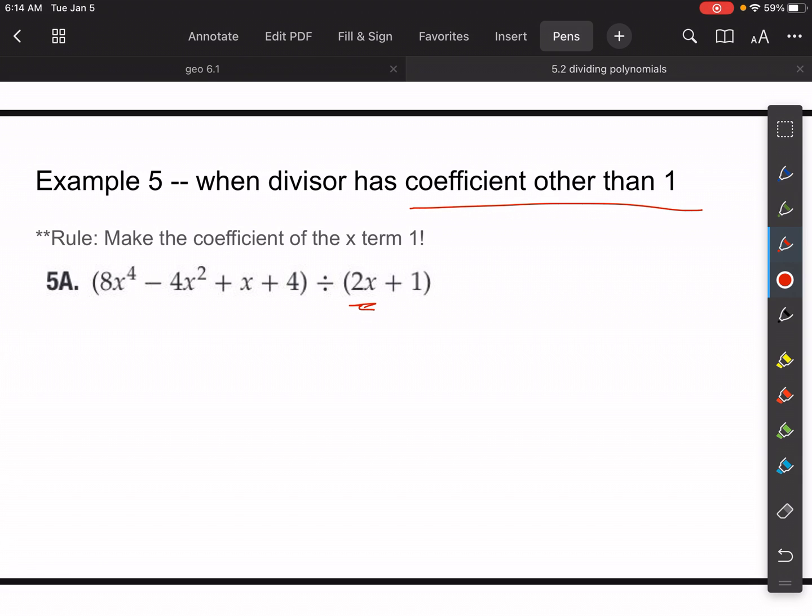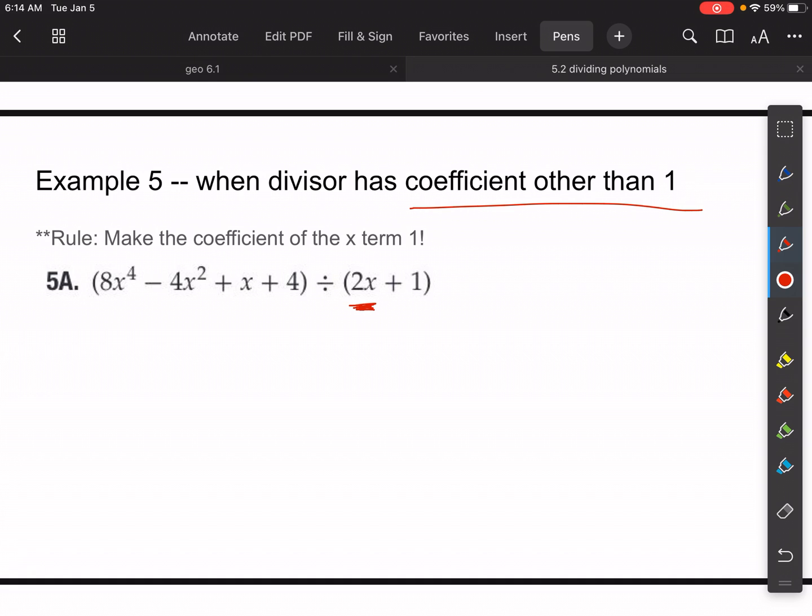Now, what I typically tell students is, if you're doing synthetic division, sometimes it's easier to choose to do long division if this thing is other than 1. Okay, it's really up to you. Like because what you'll see here is that you're going to be dealing with some fractions when we do this. So it's up to you. You could do it either way.